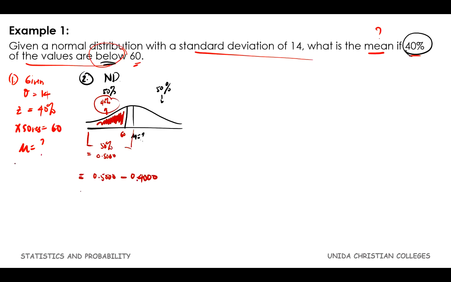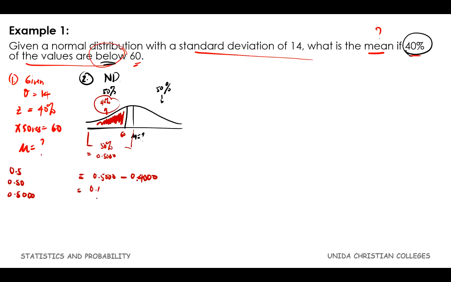Baka nalilito pa rin kayo, yung 0.5, same lang yan kay 0.50, same lang yan kay 0.5000. Bakit ba natin ginagawang 5,000? Kasi sa z-table natin, ang ginagamit nila is 4 digits ng decimal point. So, ina-align lang natin. Okay po? Then, subtract this, we will get 0.1 or 0.1000.